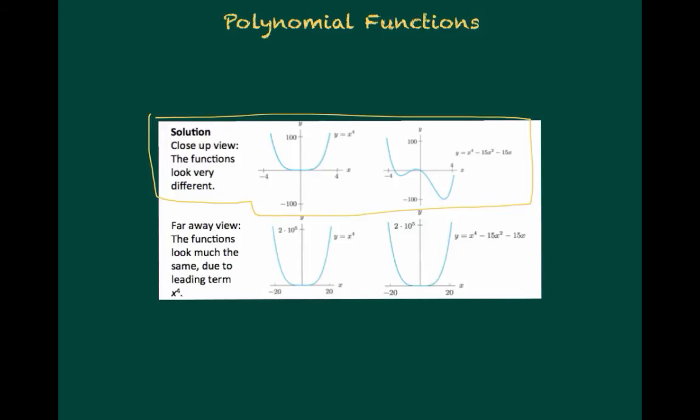And that is an example of end behavior. As x gets toward infinity, or as x goes to negative infinity, and in this case, x didn't have to change that much. We're just talking about from negative 20 to positive 20. You can see that the lead term dominates this function, that even though we have all this stuff hanging on to x to the fourth in the polynomial function, it still looks like a power function.